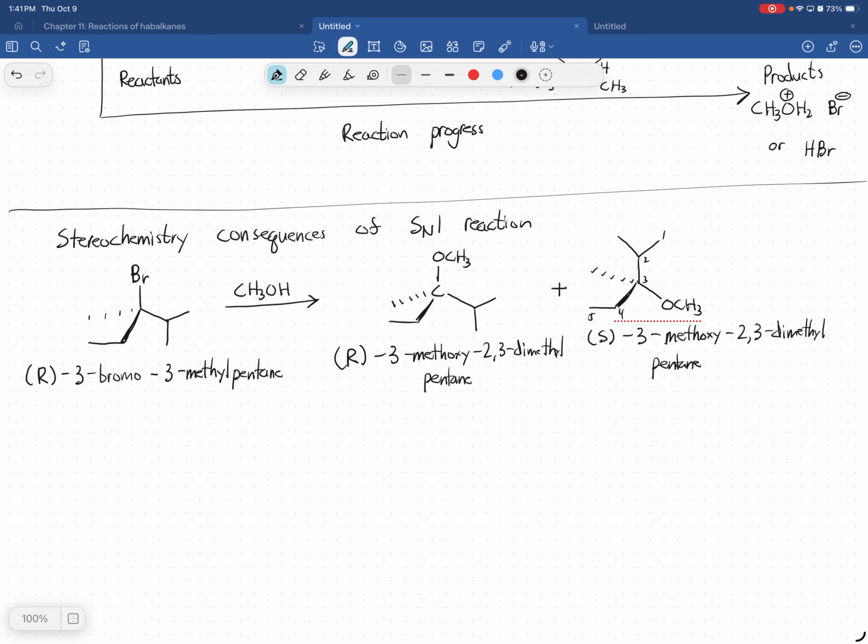This position is if we had retention of the stereochemistry. We kept the same configuration. But here, this is where we inverted it. Inversion of configuration.